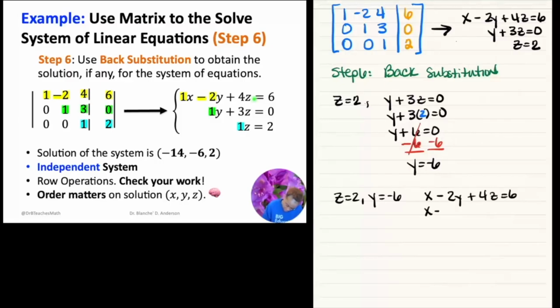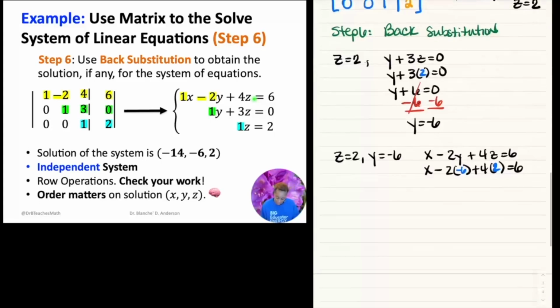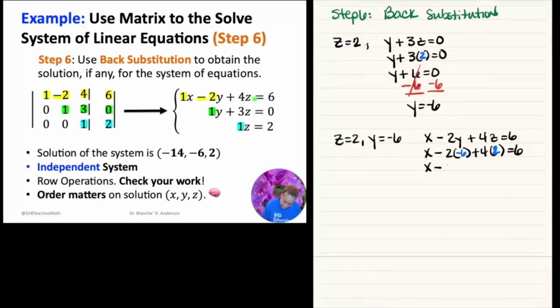Okay, so this is x minus 2 times negative 6, right? Plus 4 times 2. Equals 6, okay? So you have x minus negative 12 plus 8 equals 6. I don't know if y'all could tell that was a 2. So make that plus because they're right next to each other, minus.